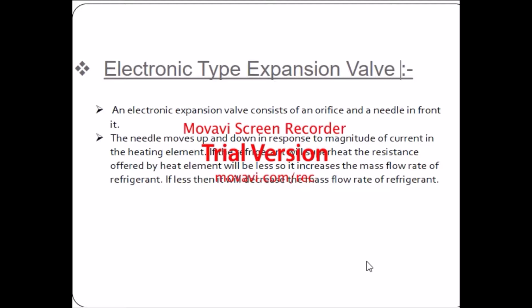So actually, the valve will be controlled by the heating element. So we use a heating element inside of the expansion valve. If the refrigerant is superheated, the resistance offered by the heat element will be less. So how to control the volume?